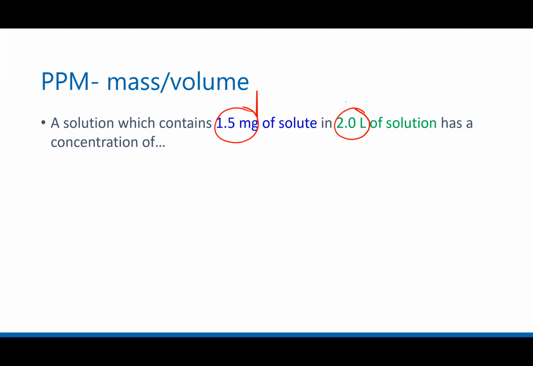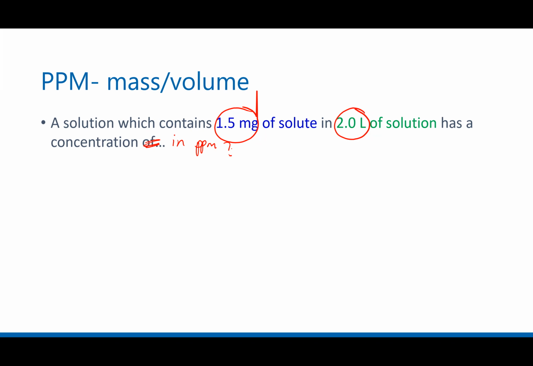A solution which contains 1.5 milligrams of solute in 2 liters of solution. So we have the entire solution here, has a concentration of, and I should mention, I remember Aman yesterday brought this up. When you get this question, I will mention that I'm asking for ppm or I'm asking for percent.